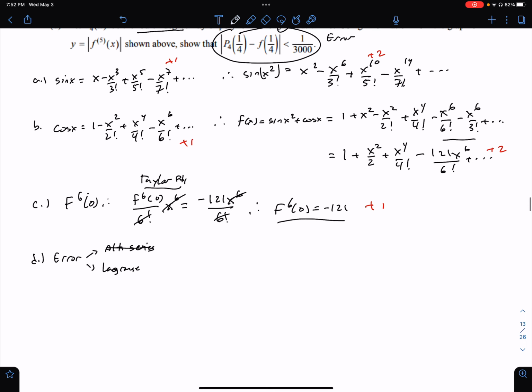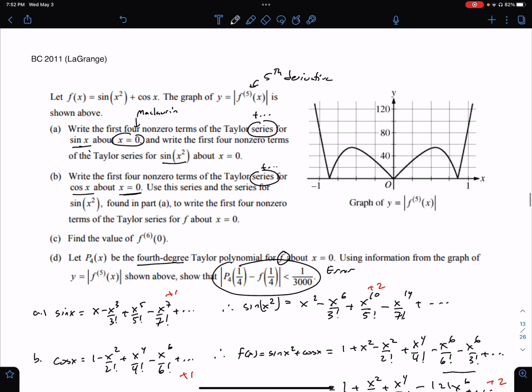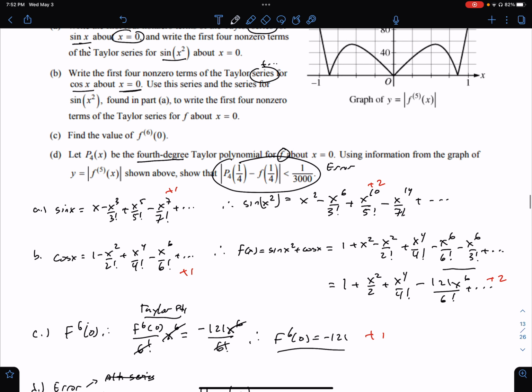So let's take a look at what Lagrange needs. Lagrange needs the maximum possible value of the next derivative. So let's take a look at the graph up here again. Now, we have an x value of 1/4.